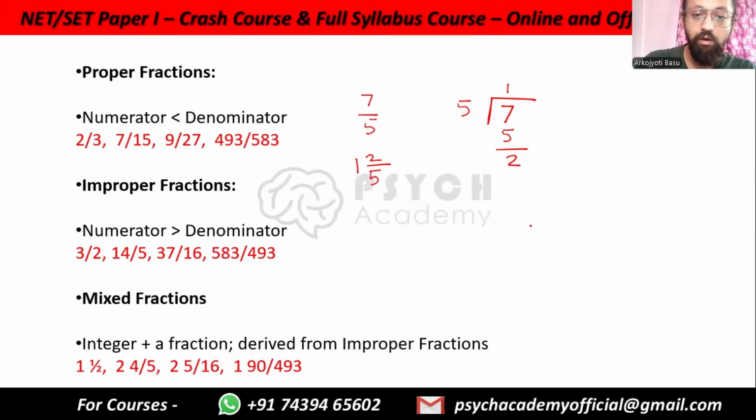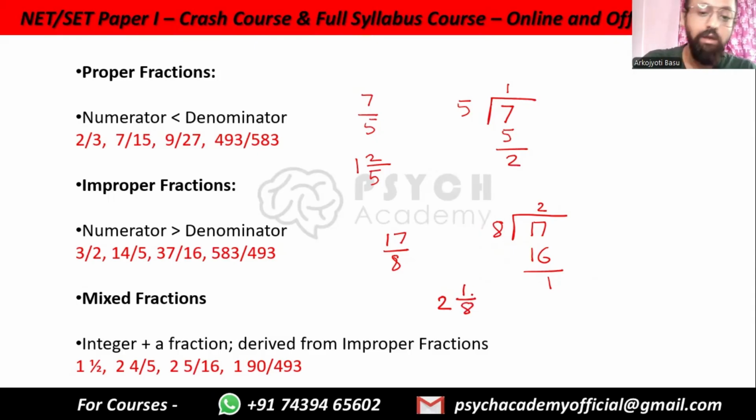Let's try another one. We can take 17 by 8. So we take 17 out here, we take 8, 8 into 2 is 16, 1 is the remainder. So again we take the quotient as the integer, we take the remainder as the numerator and the divisor as the denominator.